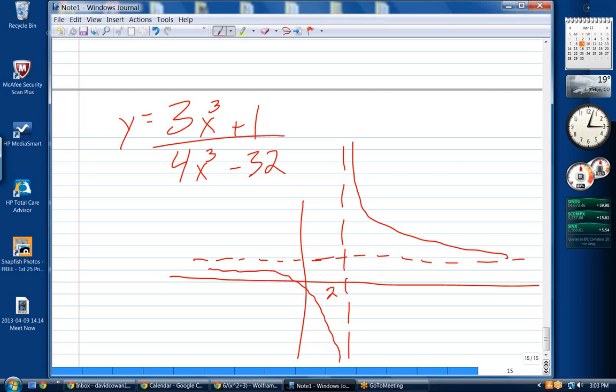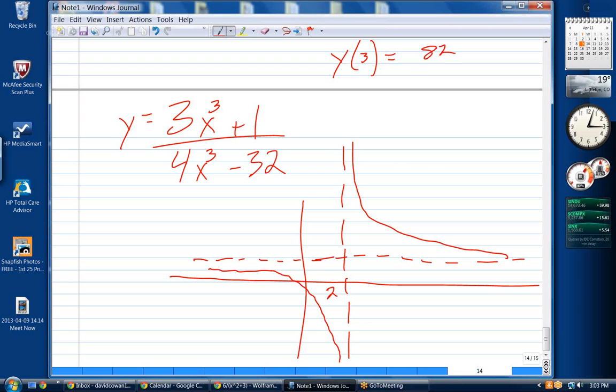Okay, let's pick a point to the right of 2. 3. Okay, so y of 3 equals what? Let's just go through the numerator. What's 3 cubed? 3 cubed is 3 times 3 times 3, so it's 27, times another 3 is 81, plus 1.